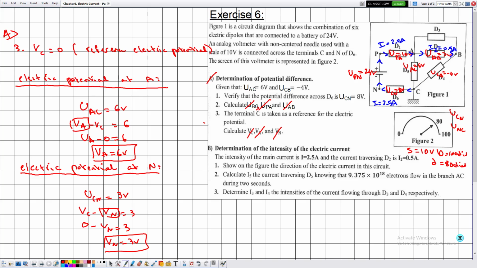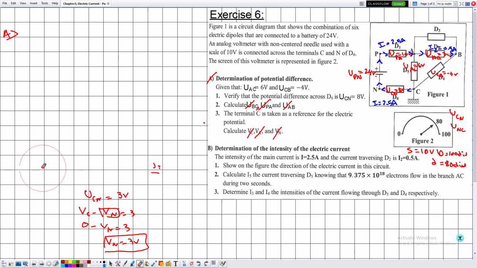Now number 1, they are telling me to show on the figure the direction of the electric current in the circuit. So we need to show the electric current in each branch, and by show it means that we need to justify. It's always better to justify.